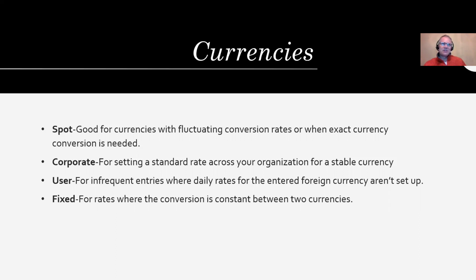You can set this up if you have no international business, and maybe every once in a while there's one transaction. So this is for infrequent entities when daily rates for the entered foreign currencies aren't set up. And finally, the fixed rate. This is a rate where the conversion is constant between the two currencies.